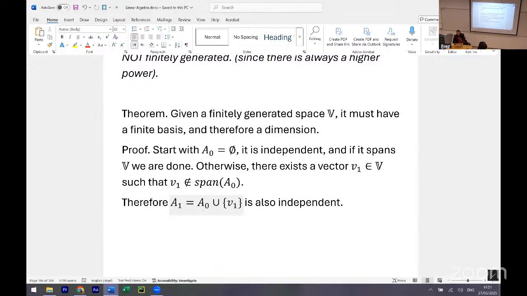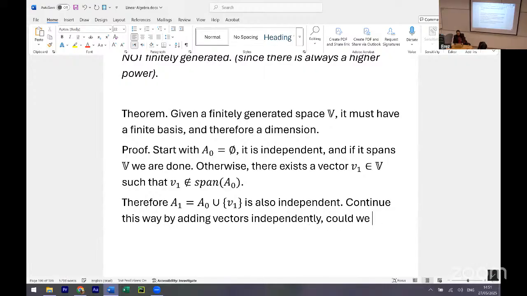Continue this way, by adding in the vectors independently. Could we continue to infinity without finding a spanning set?